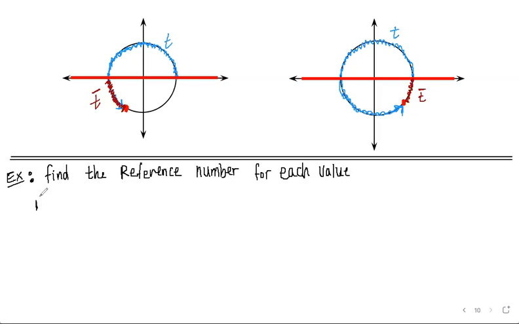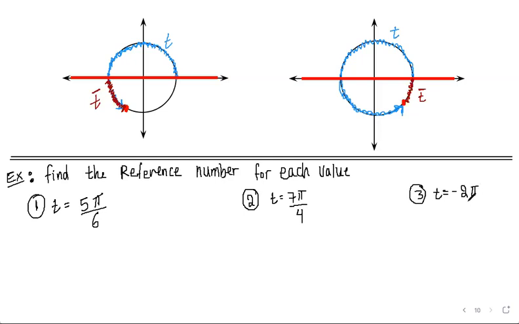For the first one, t equals 5 pi over 6. Second one, t equals 7 pi over 4. Third, t equals minus 2 pi over 3.